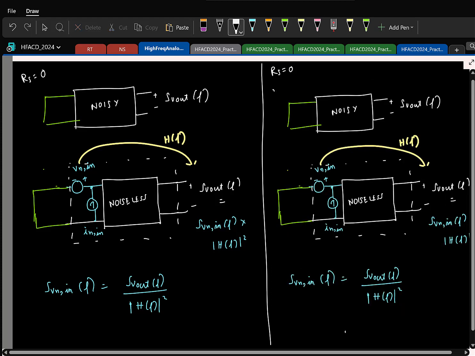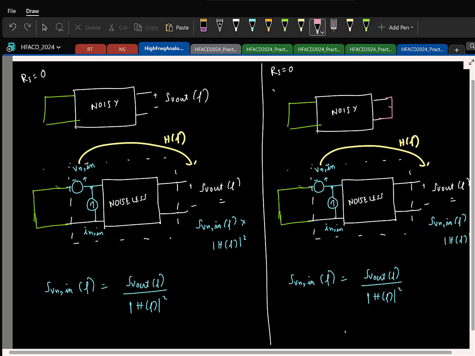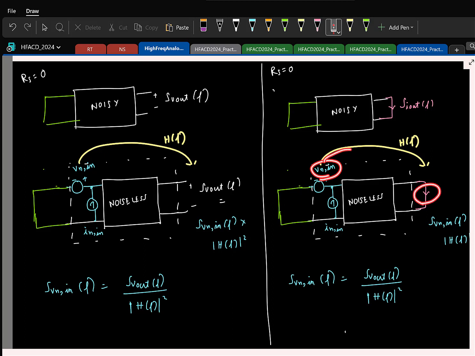So here I'll short circuit the output and find Si out of f. Here I'll have the transfer function from voltage to a current, so the units will be admittance.